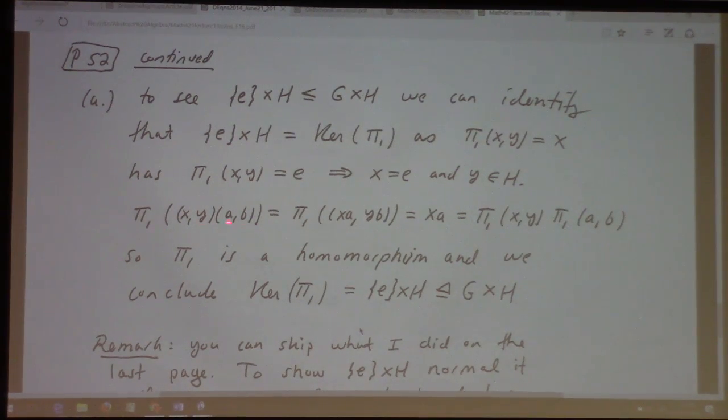And you can see here that pi 1 is a homomorphism. So the kernel of pi 1 is a subgroup, but it's more than that. It's a normal subgroup. We've proved that. And here, back to where pi 1 came from, pi 1 I find right here. So, I made it up.